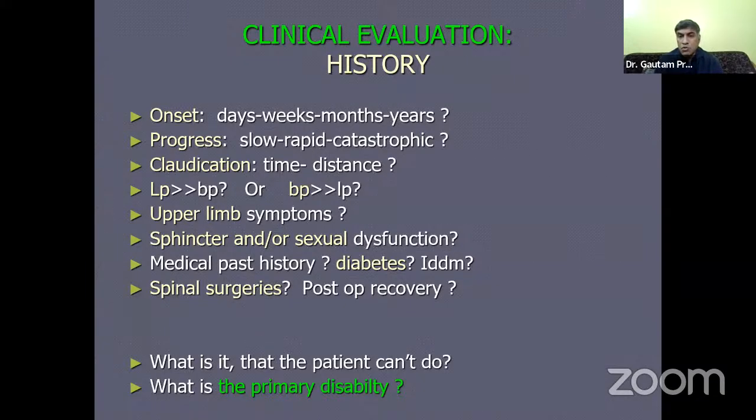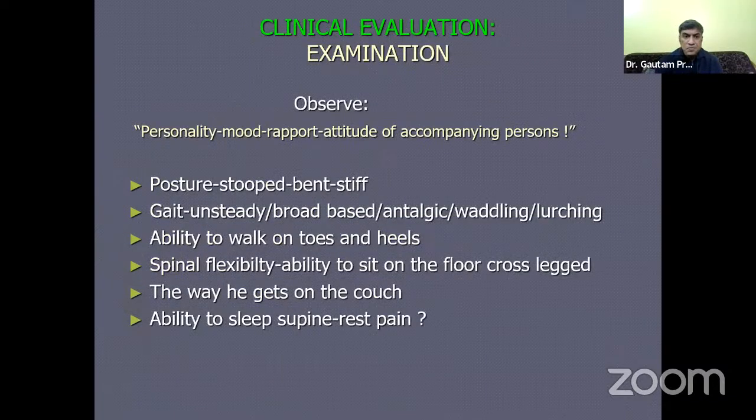Whereas for a person who has been living a sedentary lifestyle and is walking 500 meters, but previously was just walking 600, 700 meters, he need not walk more than that. So that 500 meters might not be a disability. So we have to individualize the patient's expectation and disability, and then take a call.